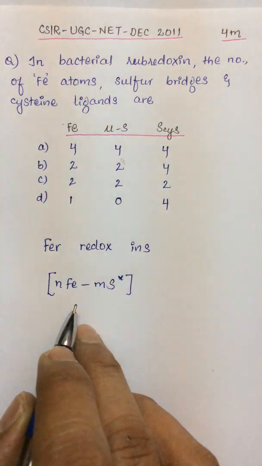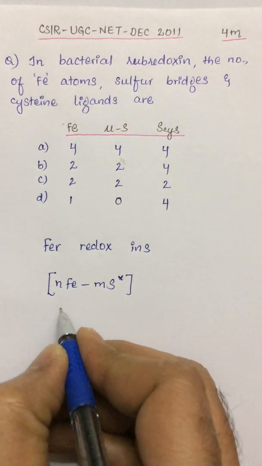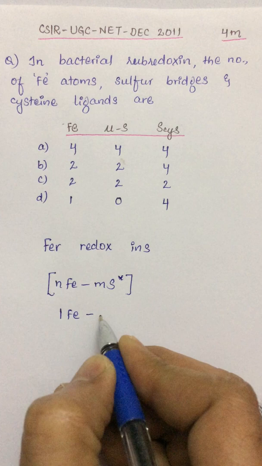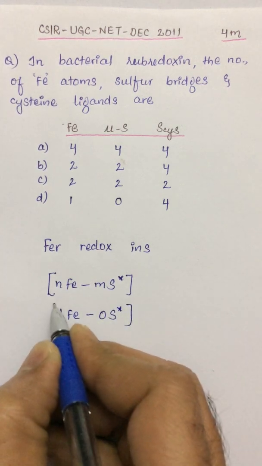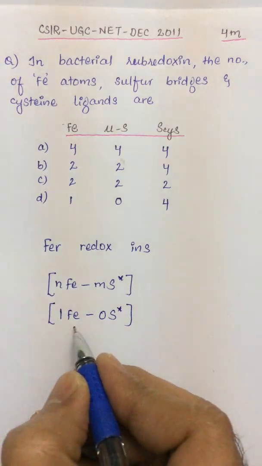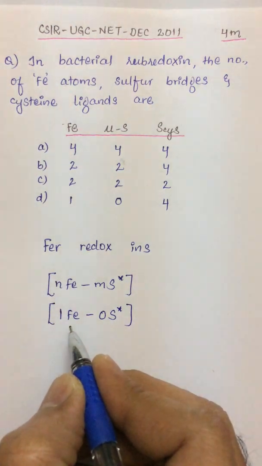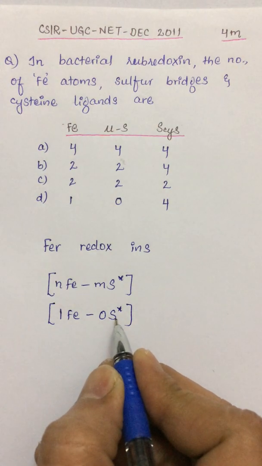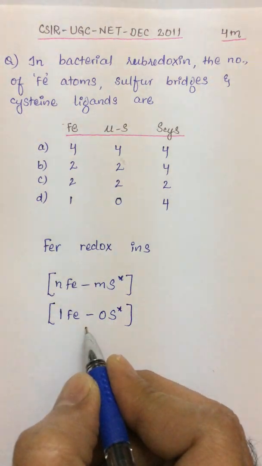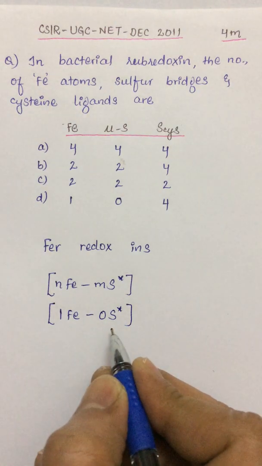For the case of rubredoxin, we find that there is only one iron, whereas the number of bridging sulfurs is found to be 0. So the labile sulfurs are 0 and there is only one iron. A ferredoxin with only one iron and 0 inorganic sulfurs is called rubredoxin.